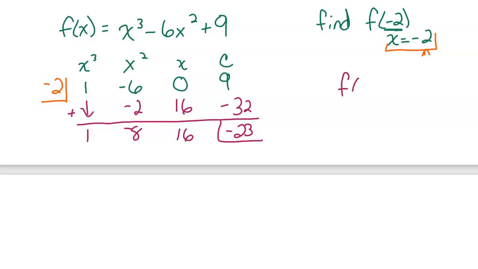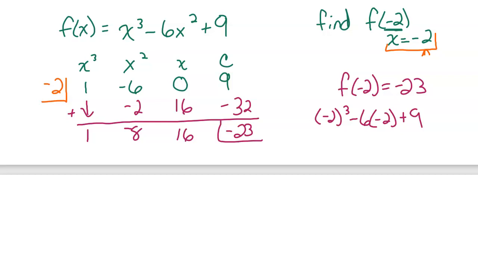So f of negative 2 is equal to negative 23, which if we were to plug in negative 2 for these x's, for example, negative 2 to the third minus 6 times negative 2 squared plus 9, we would get a negative 23.